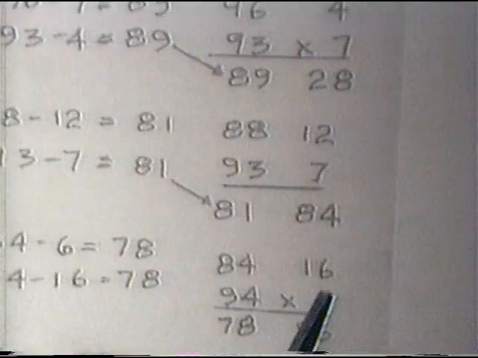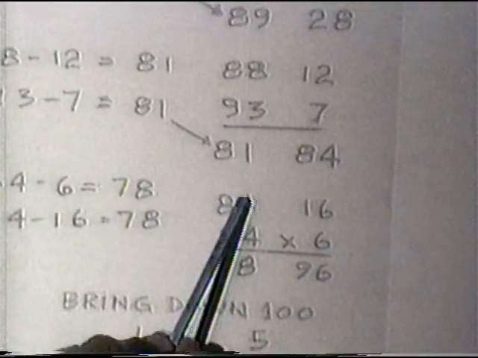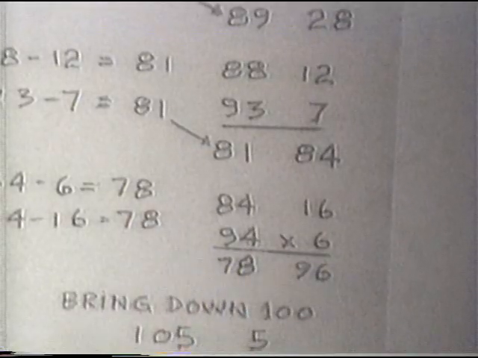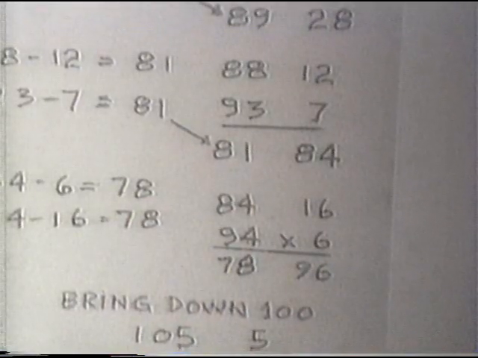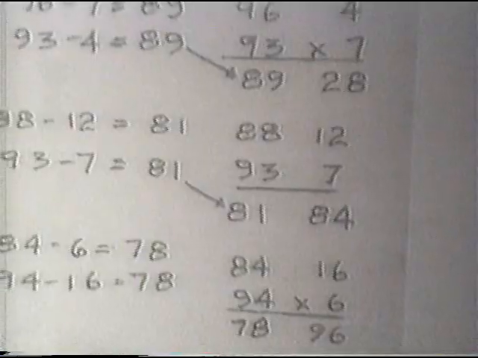And remember we had 6 times 16 is 96. The answer to 94 times 84 is 7,896. I asked you to follow me. That's why you weren't getting this one correct, because you weren't following me.